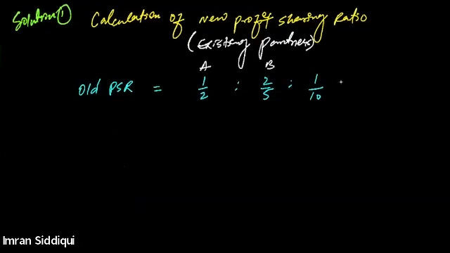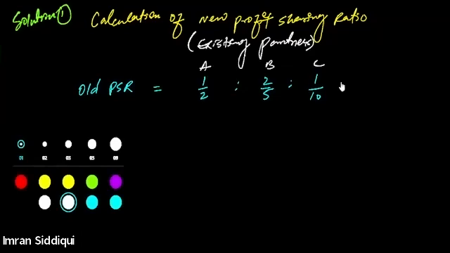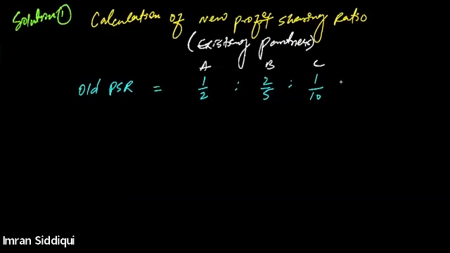Now, the question is saying that C is retiring from the business, and we need to determine the remaining partners' new PSR. So first of all, since the ratio that is given in the question, their bases are not equal, we will have to first equalize their bases to determine the proper old profit sharing ratio of all the partners. This is 1 by 2, this is 2 by 5, and 1 by 10.